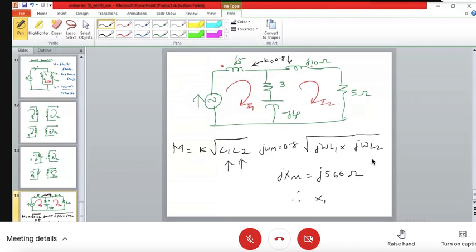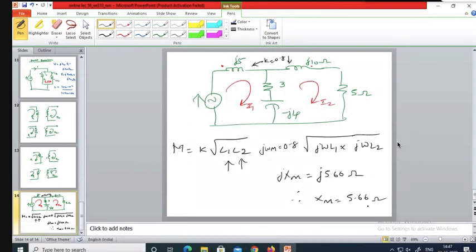Therefore, XM is equal to 5.66 ohms. This is how you can calculate XM, the mutual inductive reactance, or mutual reactance.